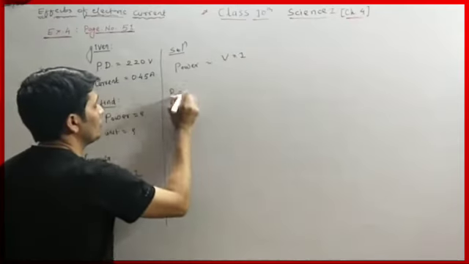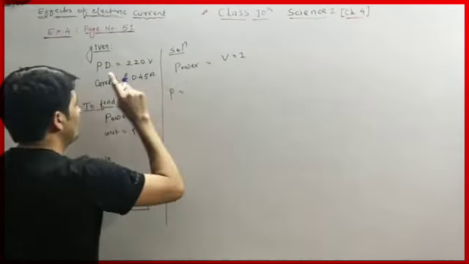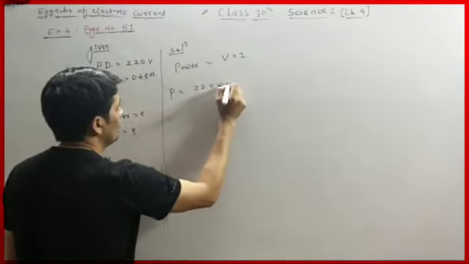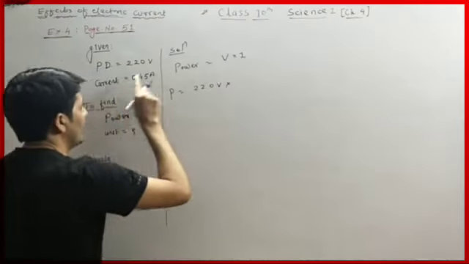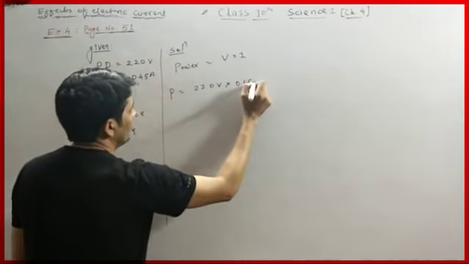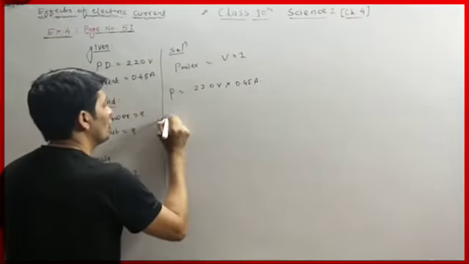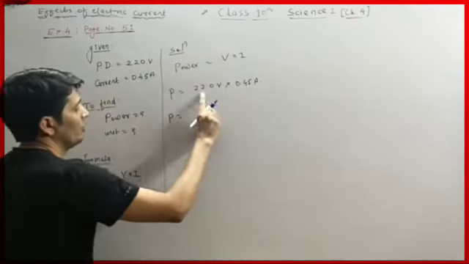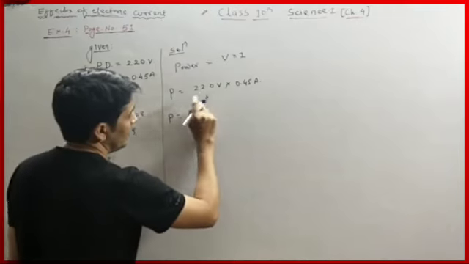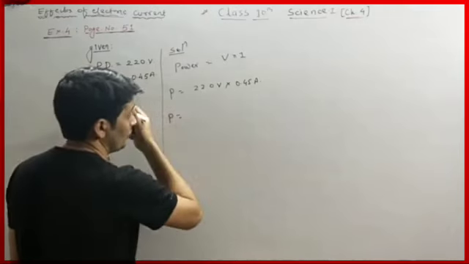So P equals V into I. V is the volt, it is 220 volt, into I is current, it is 0.45 ampere.